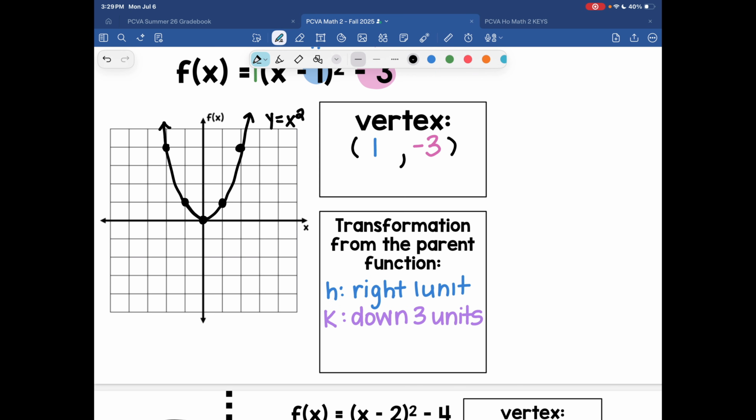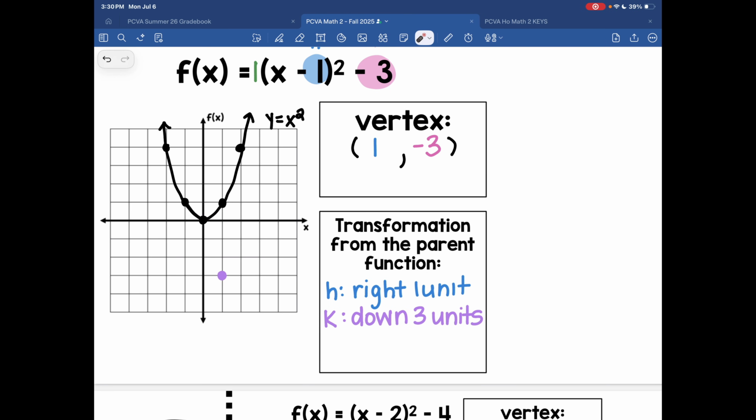All right. So when I look at my parent function, we said that we have a vertex at 1, negative 3. So that vertex was originally at 0, 0, so we're going to go to positive 1, negative 3, and there's my new vertex. So again, we said we were going to go to the right 1, down 3.